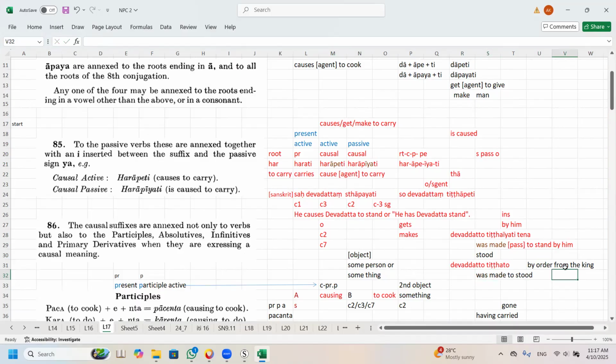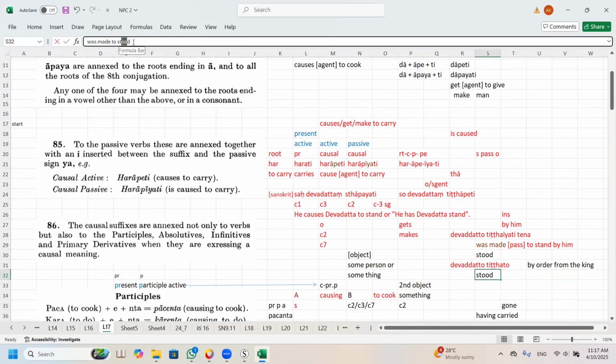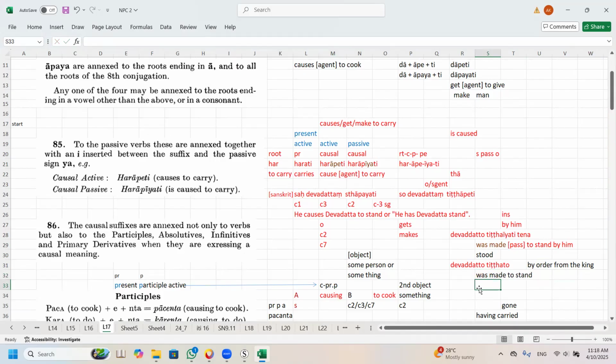Was made to stand by the order of the king. Was made to stand. Make to stand. So something like that, because we have to look at case by case. That means Devadatta was made to stand by the order from the king. So that is this PPP. In this particular passive past participle, it is really passive, because "was made to stand", and this is also a passive word.